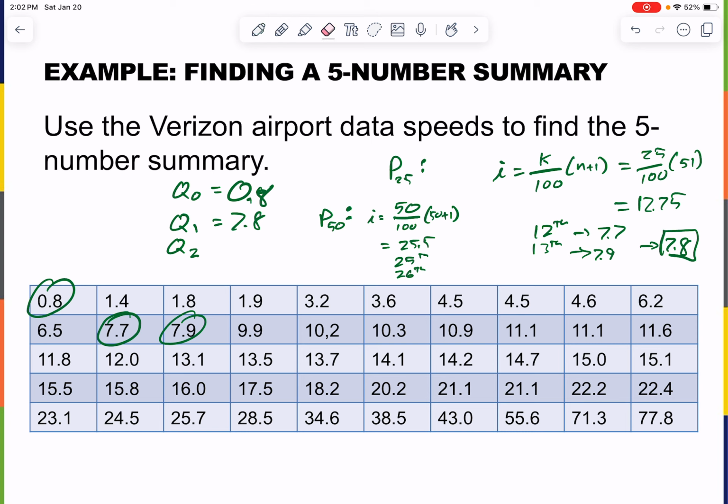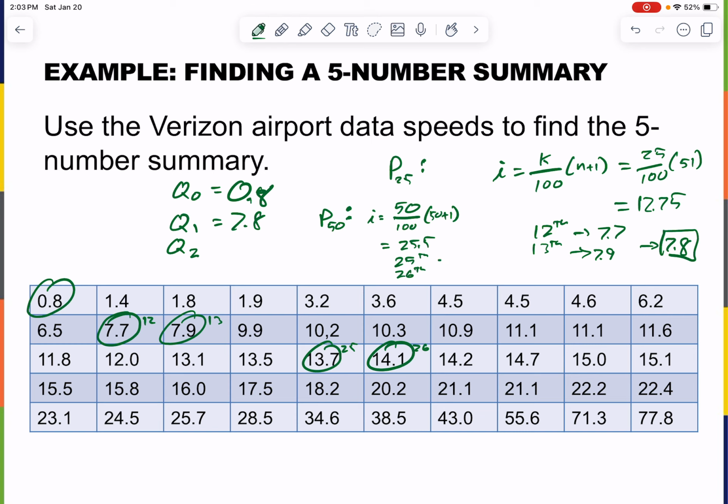So the 25th value is, let's see, 21st, 2nd, 3rd, 4th, 5th. Is that one? And then this right here would be the 26th. So this is, let's see, 12th, 13th, 25th, 26th. And we're going to add those together and average them. We're going to add those together divided by 2. So that's going to be 27.8 over 2.